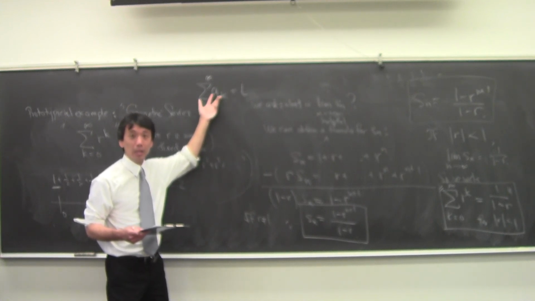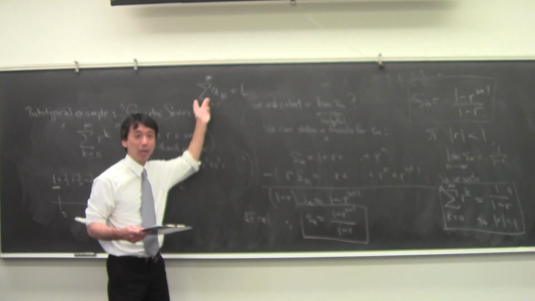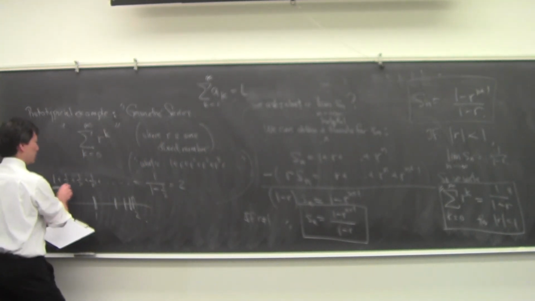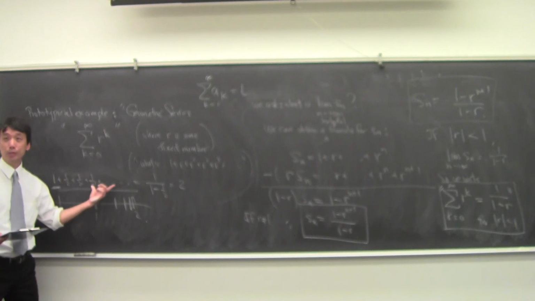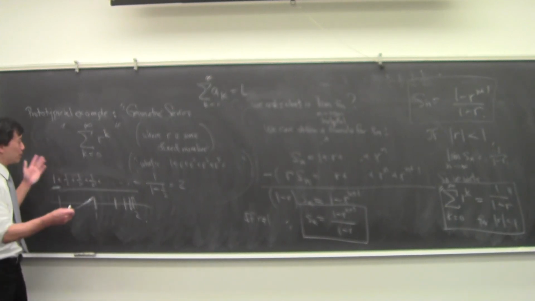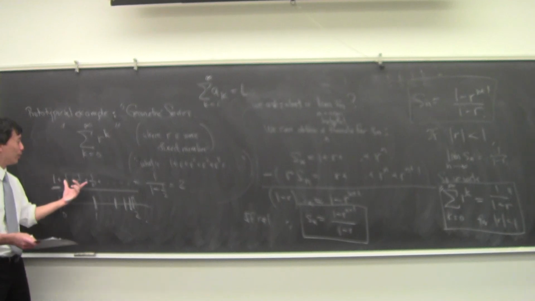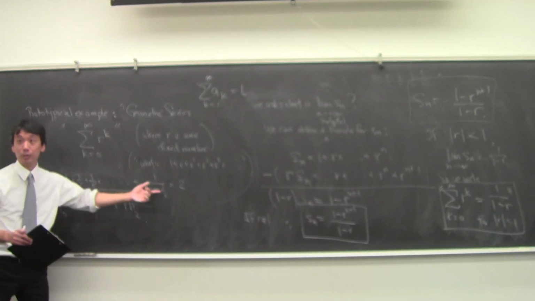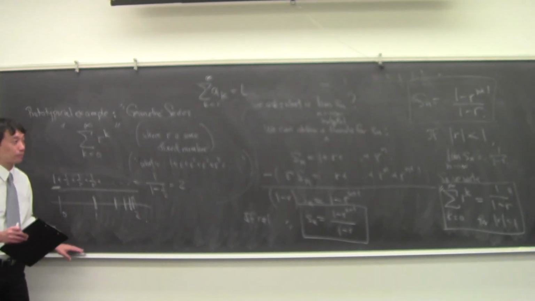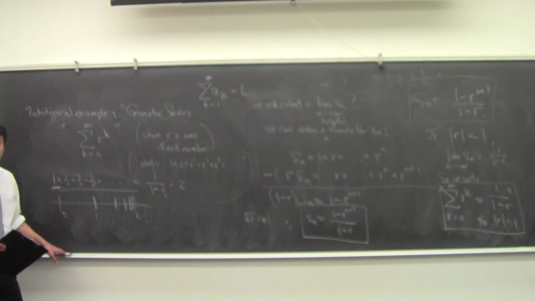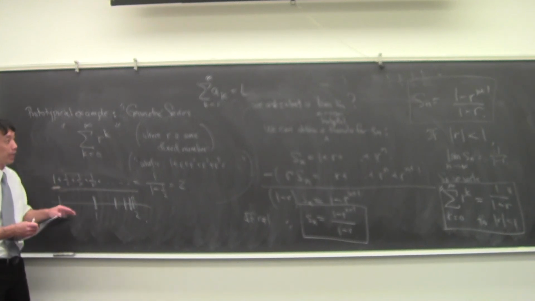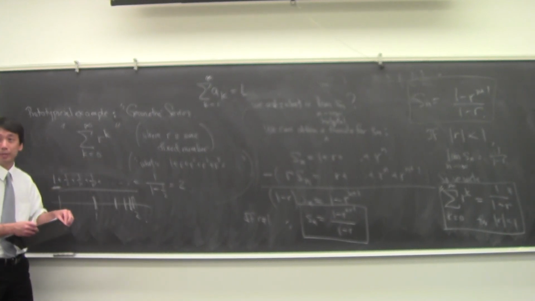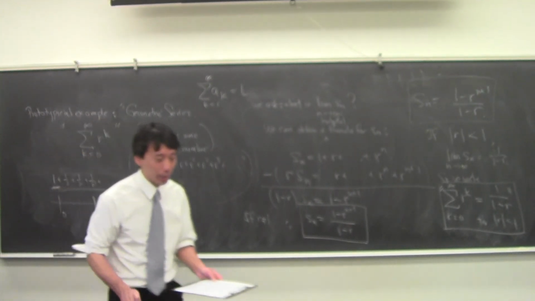What we mean is that if you look at the sequence of partial sums, that sequence converges to L. When we say that this thing equals 2, we mean that the sequence of partial sums converges to 2. And this is the idea that allows us to create a consistent way of dealing with infinite sums. Okay, that's it for today.